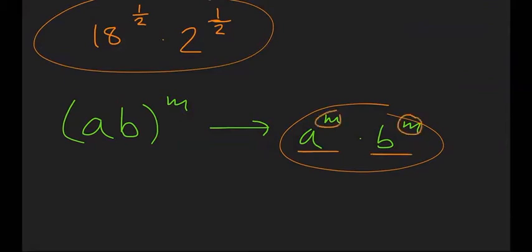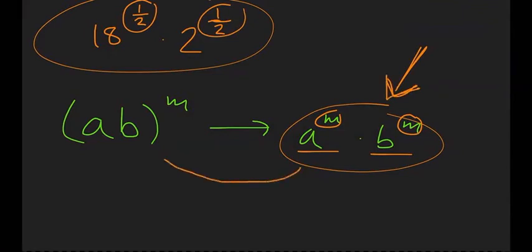These are both m, these are both 1/2. So we just tried to start from here and simplify, and that didn't work. So what if we go backwards? What if we turn this back into this format and then see if that somehow opens up an opportunity, which is what we try in a lot of these problems with exponents: rearrange things and see if it opens up any opportunities.